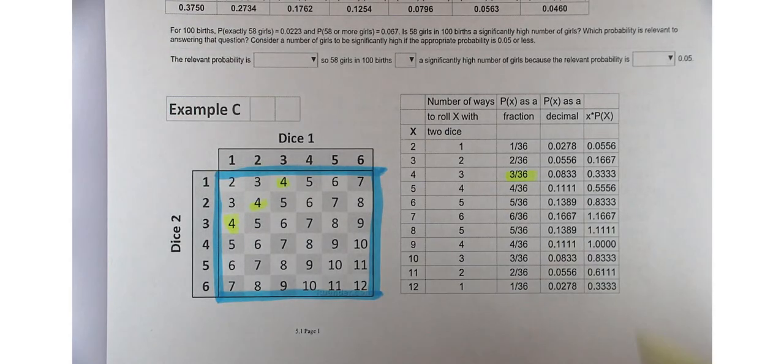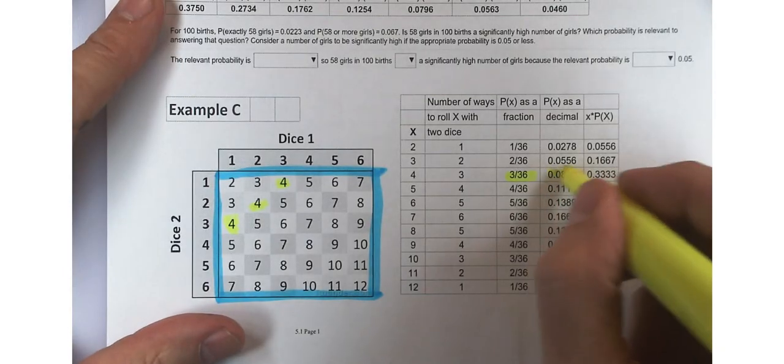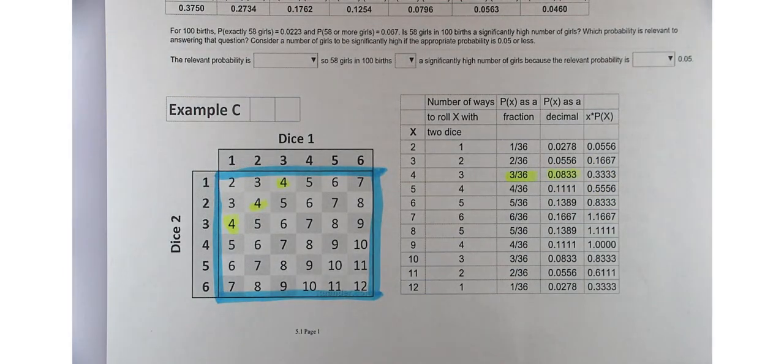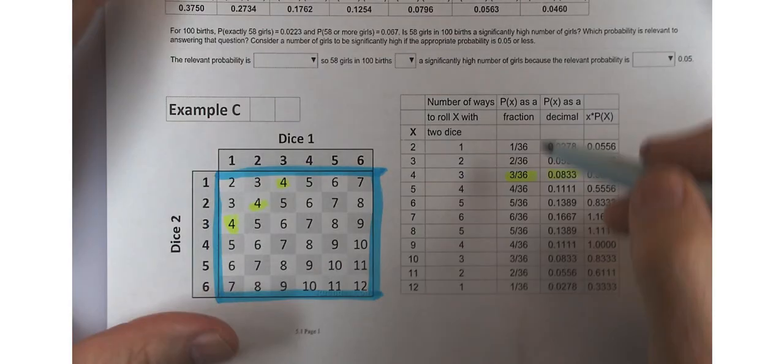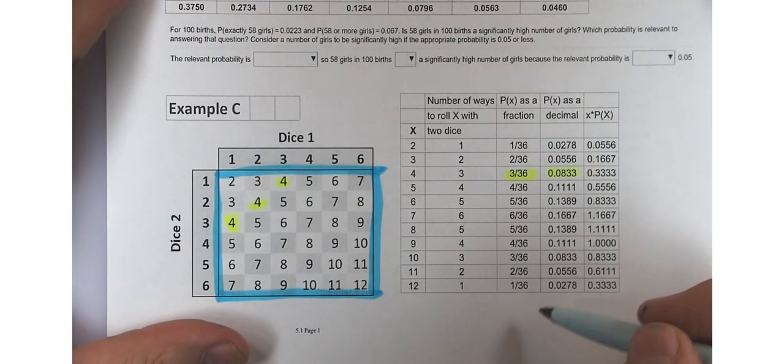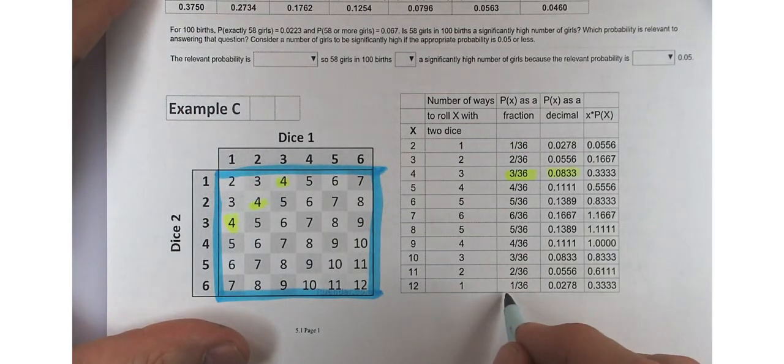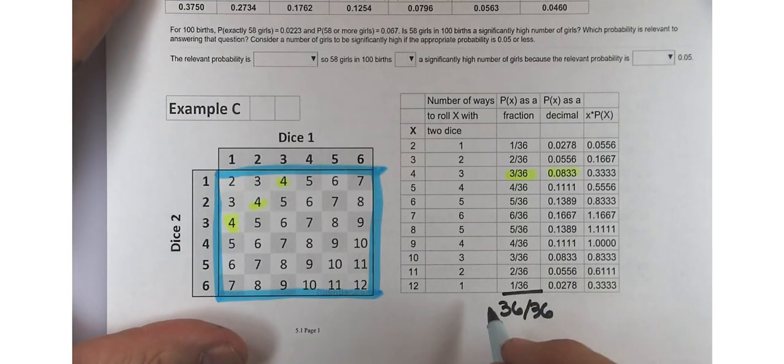Here it is as a decimal. So that's nice. Now I left them as fractions here because here they total up pretty nicely. What do you think that total would be? 36 out of 36. Or better yet, 1.